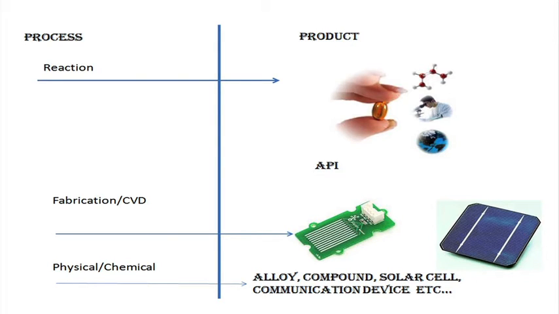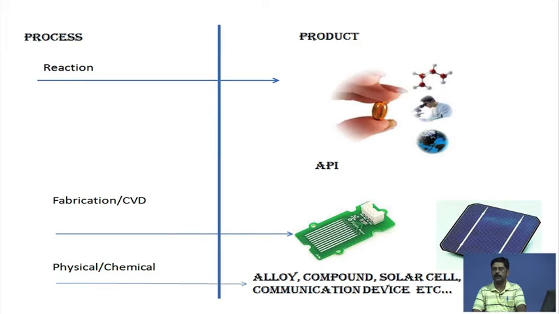Consider a product I referred to as an active pharmaceutical ingredient. Presently, lots of pharmaceutical companies are investing a huge amount of money for generating an API. If the API is the product, you are generating an API for, let us say, a particular type of cancer.